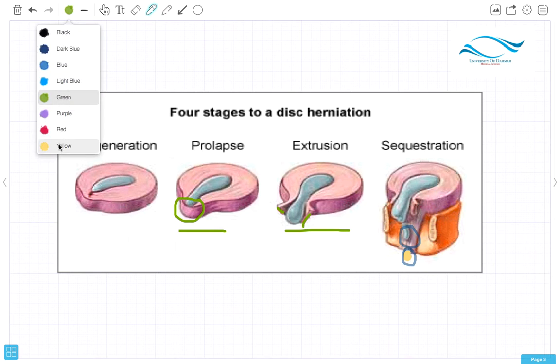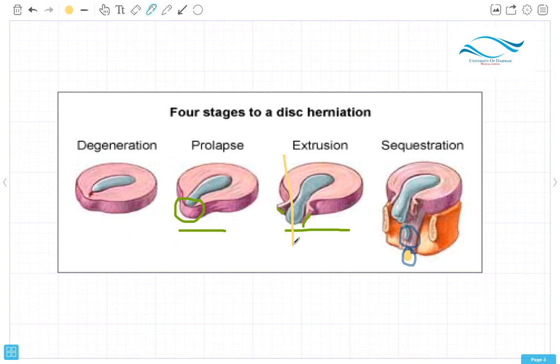Because we must not forget, it is very important to know that we have nerves passing here, from above and from below. If there is compression, if the nucleus presses on the nerves, there will be a large amount of pain, like anything. Any nerve in our body that gets compressed, we will feel a great amount of pain. So patients who struggle with this condition go through a large amount of pain. It's not a pleasant feeling at all.